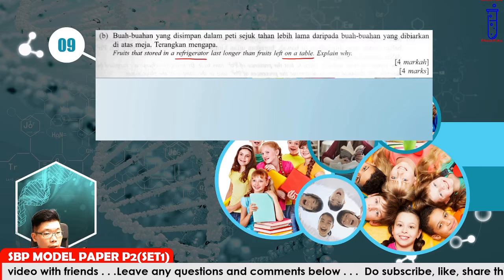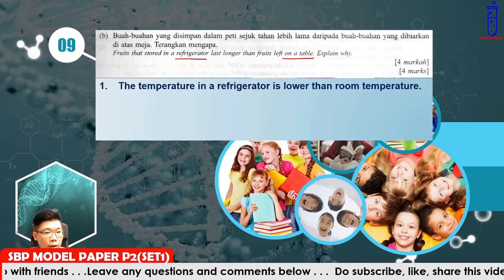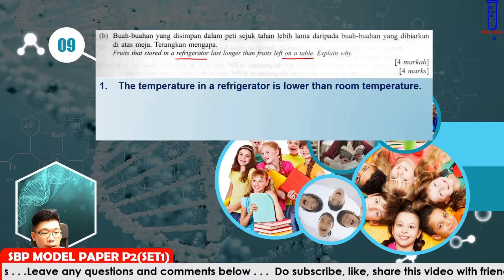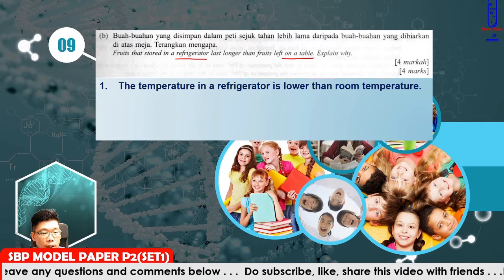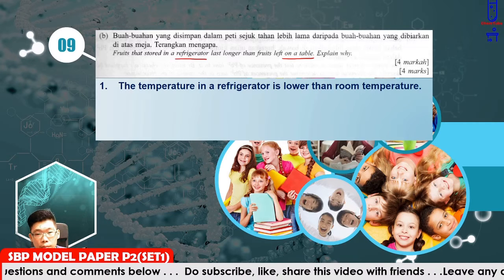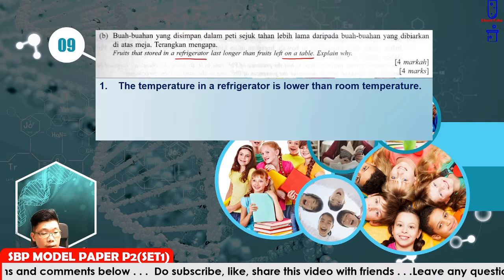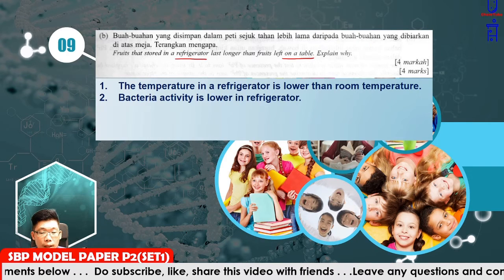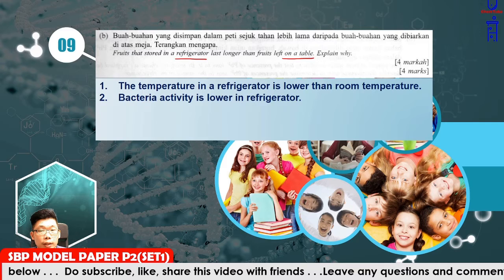So how are we going to explain? So we explain the refrigerator temperature. The temperature in the refrigerator is lower than the room temperature. Okay, so point number 2, the bacteria activity is lower in the refrigerator.